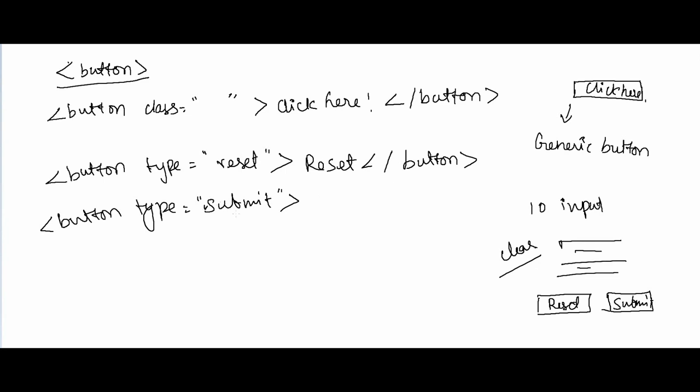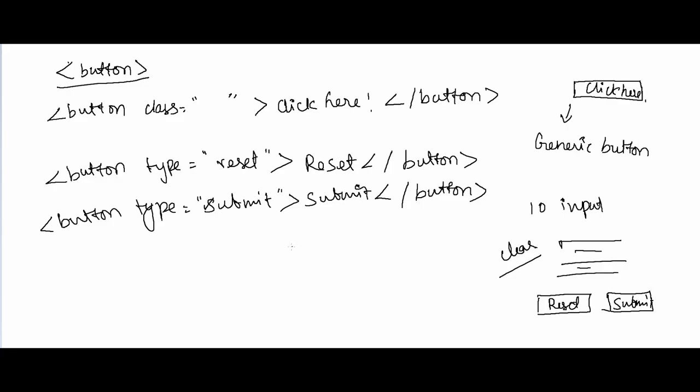Okay, so submit means the content in that form will be submitted to the next stage. It means we have created that form with an action button, right? While seeing the attributes of form, we have seen action equal to some link.